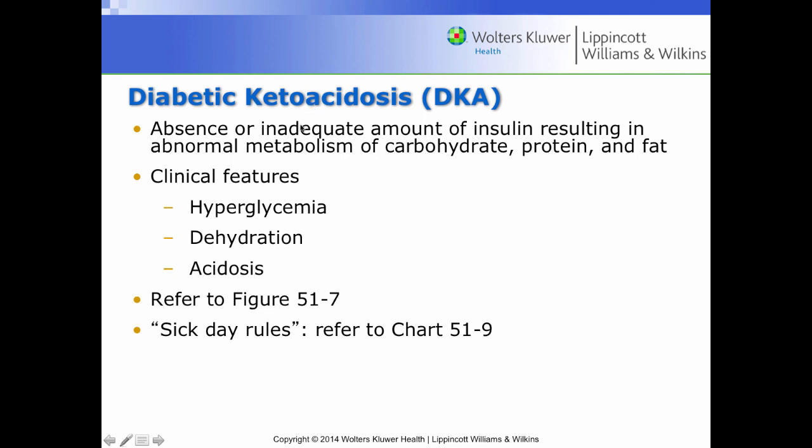Since this is a type 1 diabetes issue, you're often talking about children. So one of the recommendations in chart 51.9 is to test your child's urine for ketones when they're home sick from school, because they're much more vulnerable to ketoacidosis than when they are not ill.